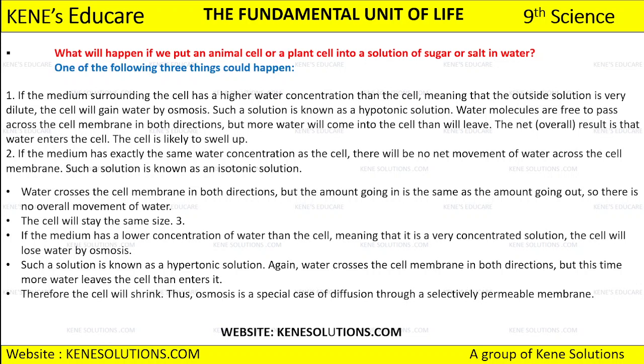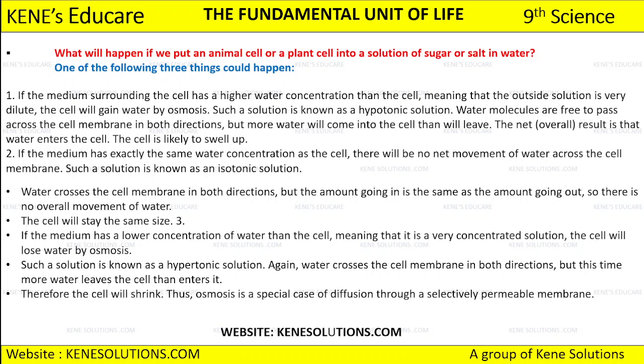Because the water concentration inside the cell was lesser as compared to the environment. Okay, so more water is going to go into the cell than is going to leave the cell. So the net overall result is that the water is going to enter the cell, and now the cell is going to swell up. Okay, why is the cell swelling up? Because of the water entering inside the cell, and here we have a hypotonic solution.